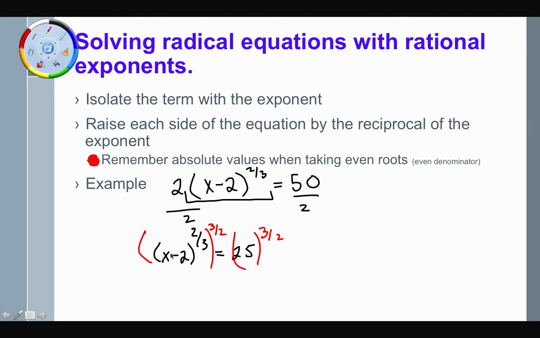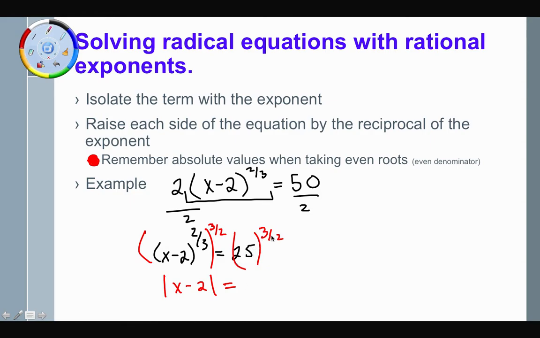So in this case, we have x minus 2. Because this is an even root, this becomes the absolute value of x minus 2. The reason is because we're going to get two different answers here.